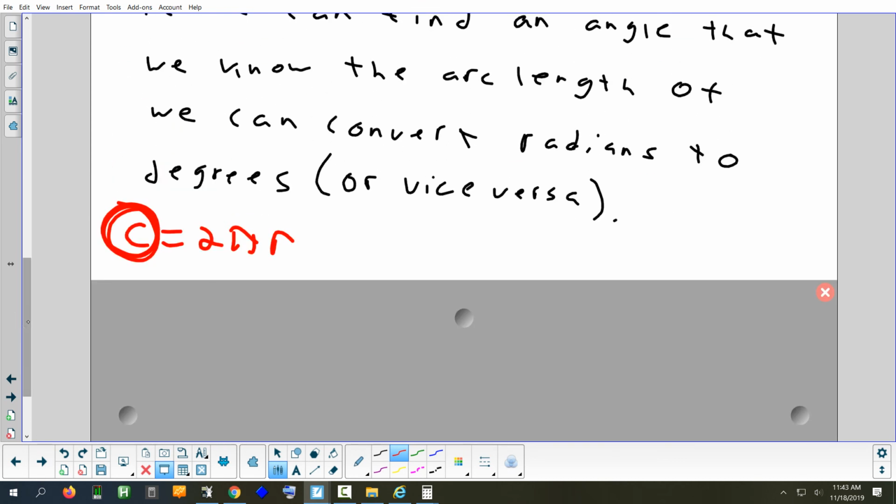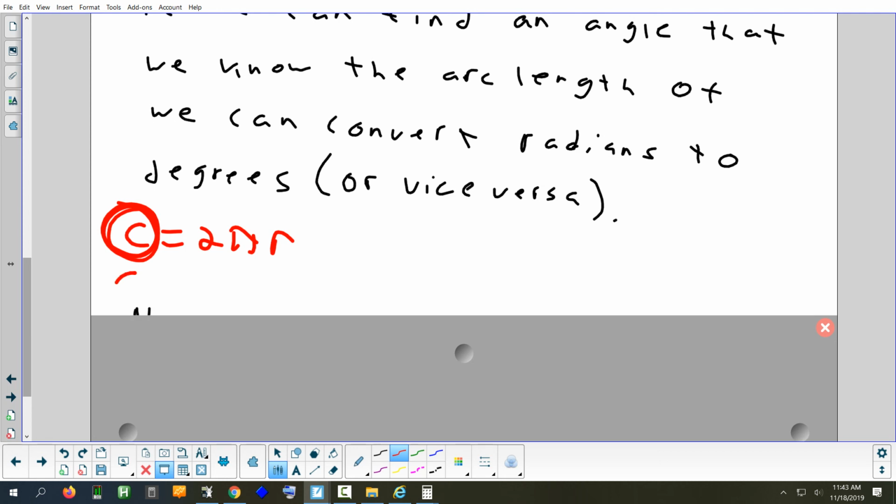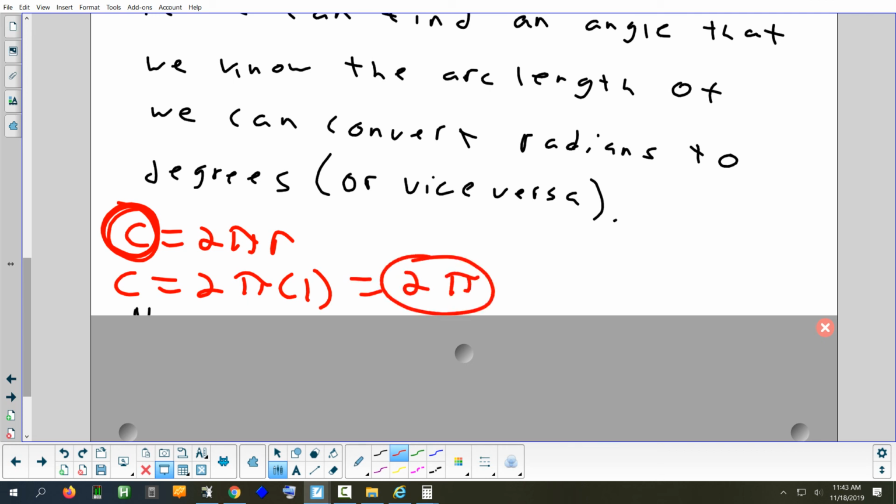So, what's the radius of the unit circle? 1. What's 2 pi times 1? 2 pi. So the circumference of the unit circle is 2 pi. We don't know if it's 2 pi feet or 2 pi inches, it doesn't matter. It's 2 pi units.